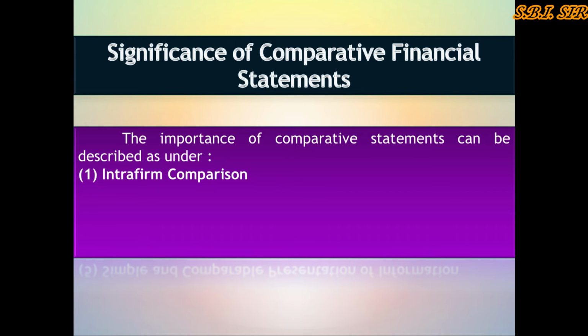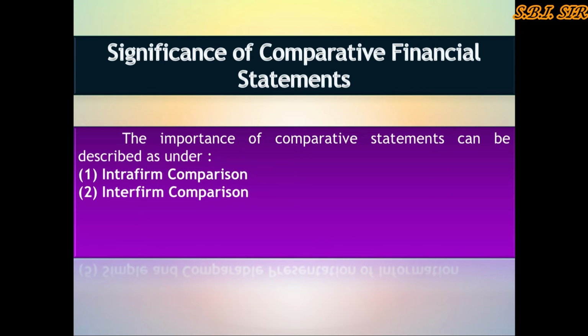As compared to the previous year, whether the efficiency has increased or not, profitability has increased or not, whether the solvency has increased or not, can be analyzed. Besides, when one business entity has various departments, their financial performance evaluation is also done. This is also included in the category of intra-firm comparison.